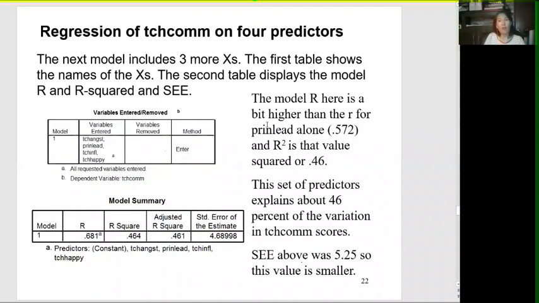Regression of teacher community on 4 predictors. So now multiple regression. You remember this R square is much larger now because we added 3 more predictors, right? Principal leadership here, and then we added this, and that.